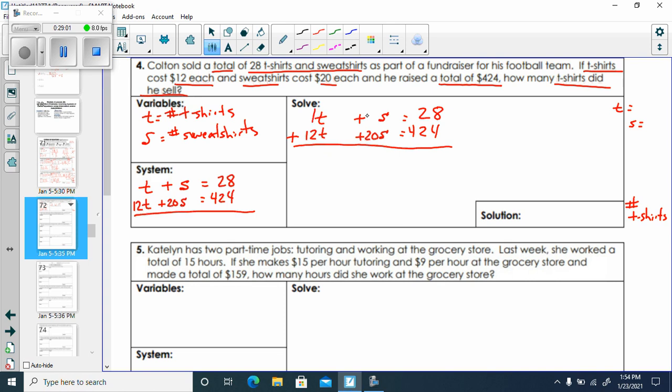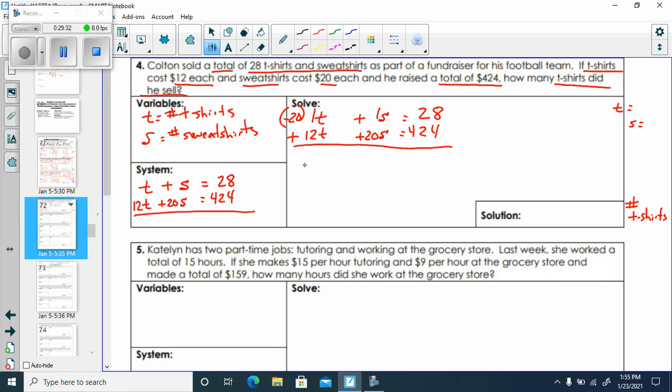See, there's a 1 in front of each of these, so one time I can multiply this one times 12, and we could get rid of the t. I could multiply this one by -20, we could get rid of the S, but I'm looking for the number of t-shirts, so why don't we keep it and get rid of the S? To do that, I need both of these to be 20, one to be -20, one to be +20. So why don't I multiply everything here by -20?